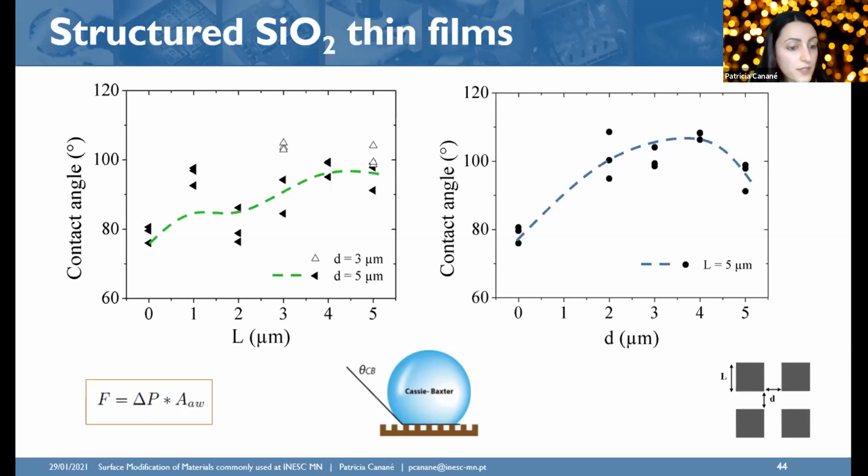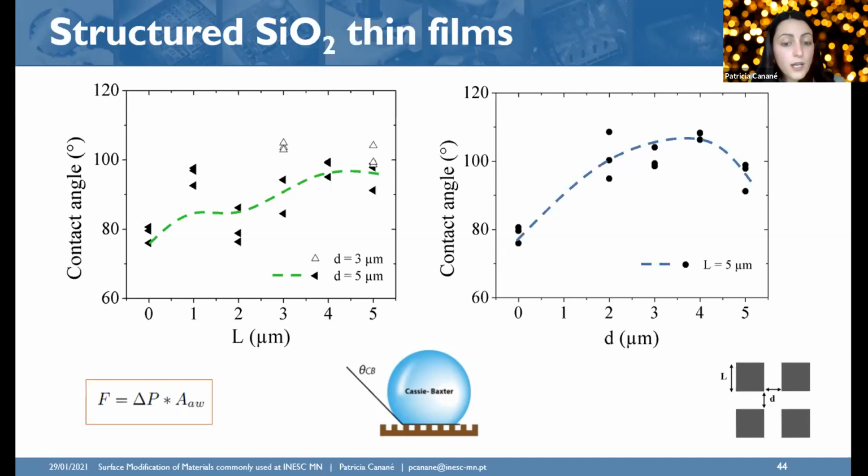This formula represents the vertical force that the droplet feels when in contact with a patterned substrate, where delta P is the Laplace pressure between air and the liquid, and A is the projected area between the air and the liquid.